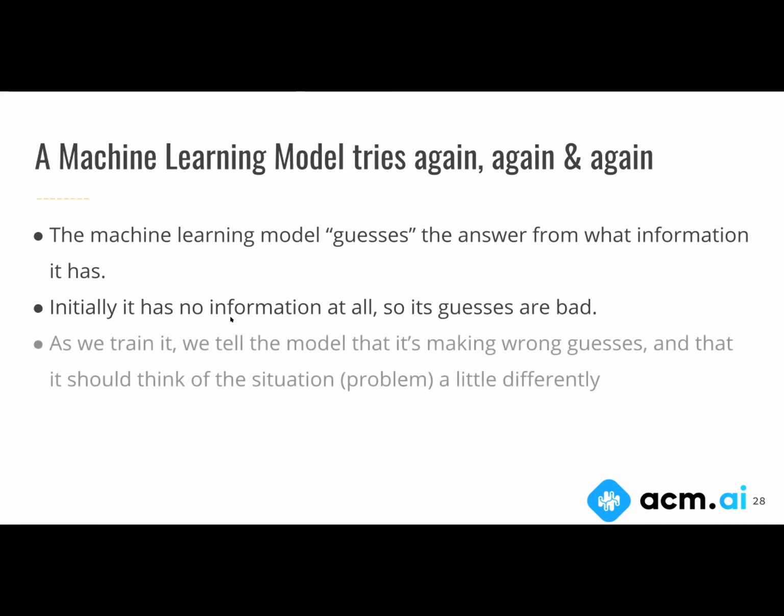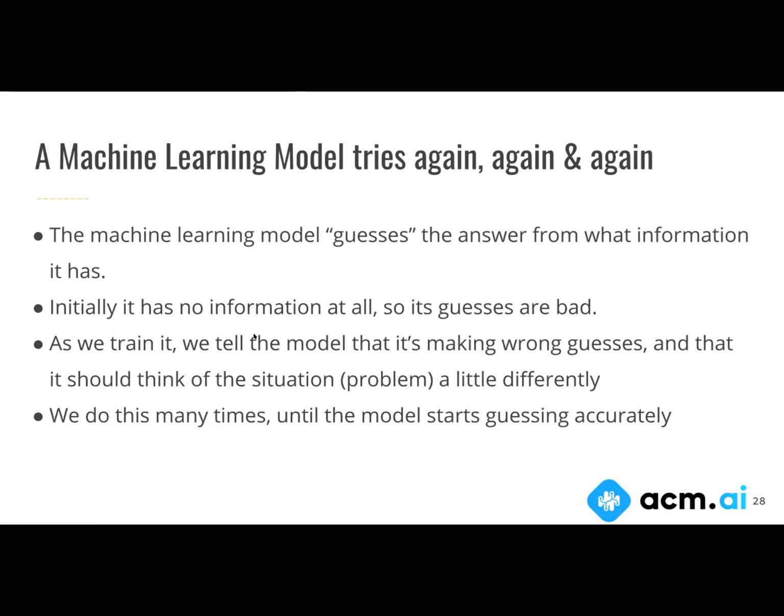But as we train it, we can give the model feedback, and if the predictions are bad, we can tell it that it's making bad guesses and that it should think of the situation a little differently. After iterating this many times, the models start guessing accurately.